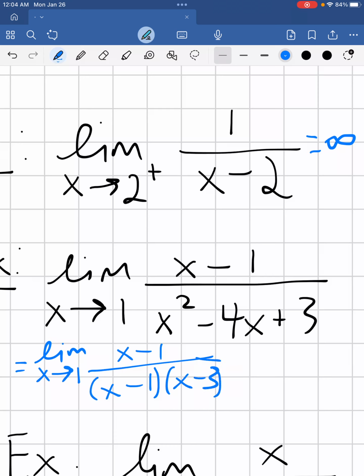So that x minus 1 factor is going to divide, it's going to leave behind a 1 in the numerator. And we get the limit as x approaches 1 of 1 over x minus 3. So the thing I want to note here is that because there was a factor that divided out, this results in a removable discontinuity.